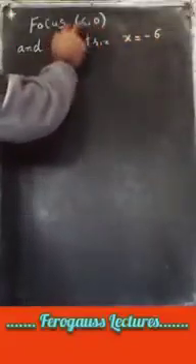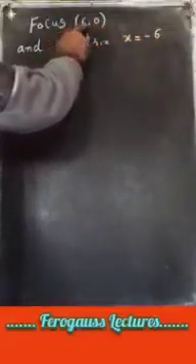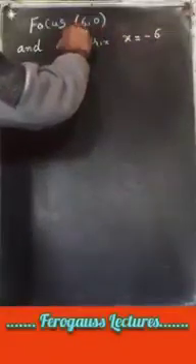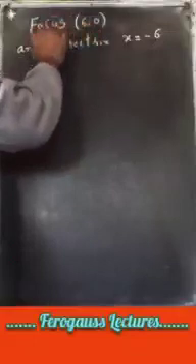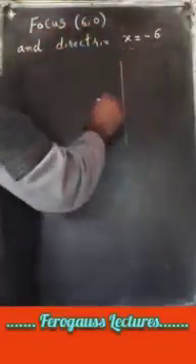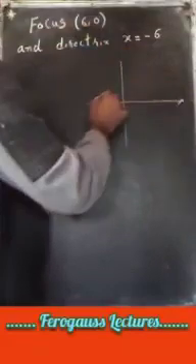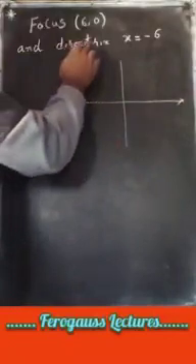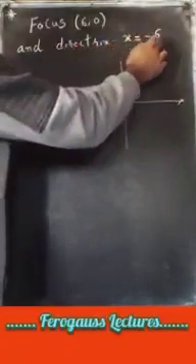Now since this x coordinate is positive and y coordinate is 0, that means the axis of the parabola is along positive x-axis. Also, the equation of the directrix is x equals minus 6.